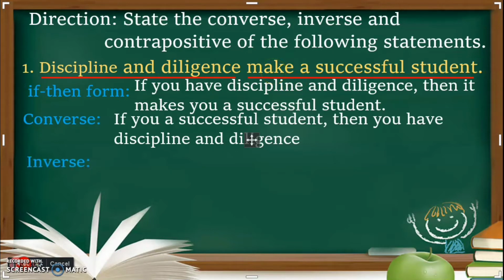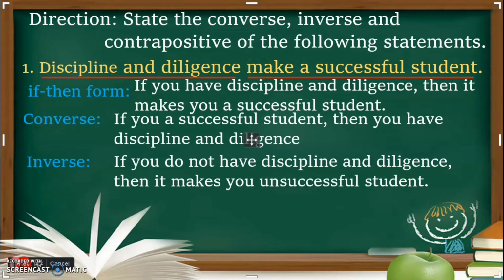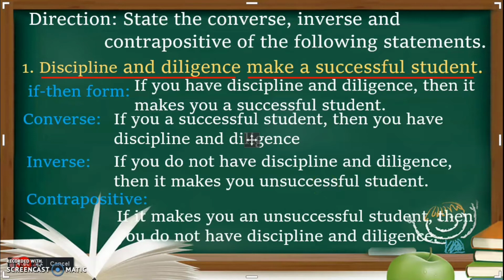Then, our inverse ay negative ng if-then form. If you do not have discipline and diligence, then it makes you unsuccessful students. Then, contrapositive, if it makes you an unsuccessful student, then you do not have discipline and diligence.